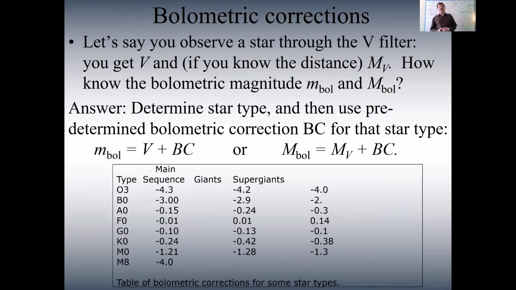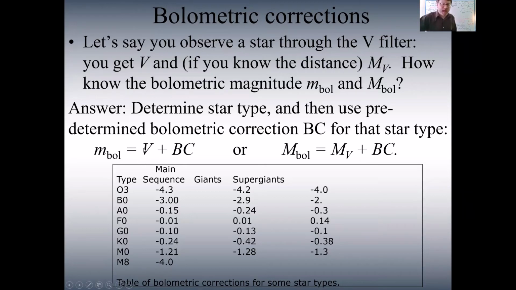Well, if you've studied enough stars with enough different filters, you can start to see patterns that stars of certain types would have a bolometric magnitude that differ by such and such an amount from what is in the V filter. And so that difference between the bolometric magnitude and the V or visual magnitude would be what's called the bolometric correction.